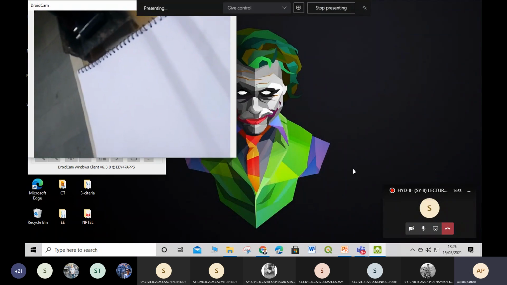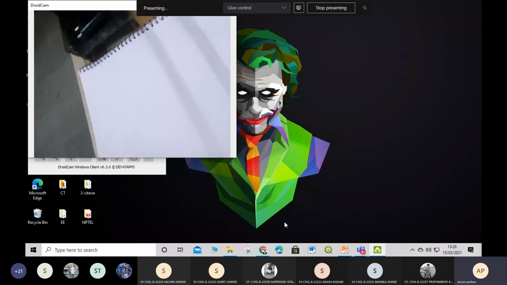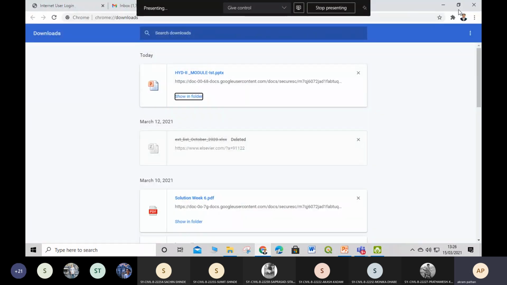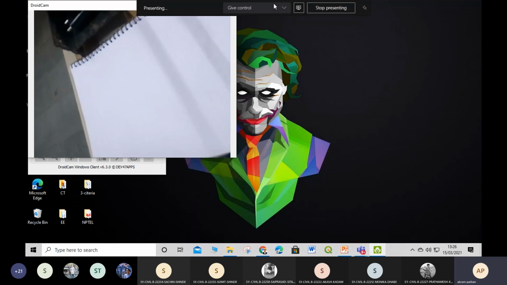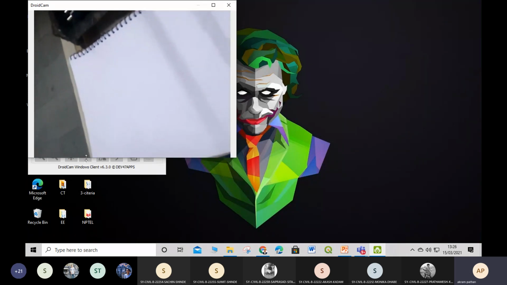Basically, with the help of this I am going to present, but anyhow I am going to enlarge it. I am going to set certain things again so you can see in a better way, better quality.